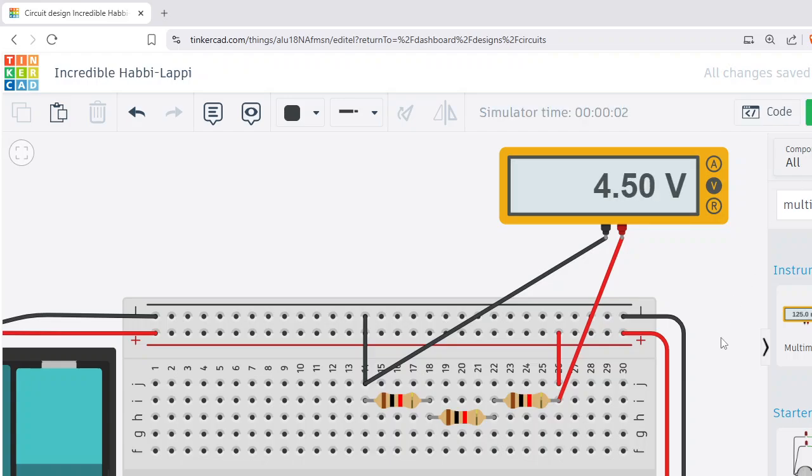Now you have understood what this division of voltages actually means. Are we clear? All right. So the voltage is divided when the resistances are in series.